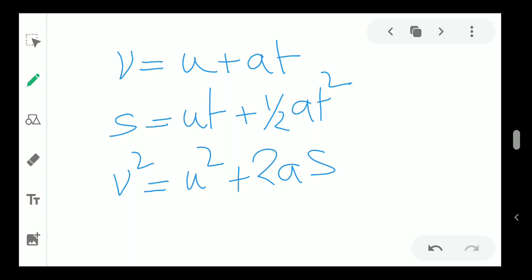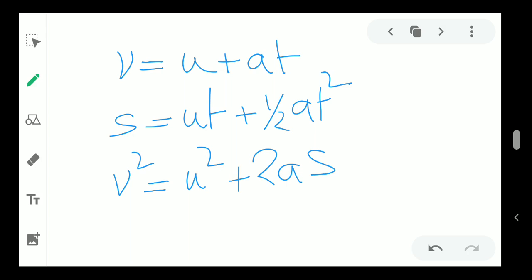That means with the help of these three equations, you can predict a motion. If you know the rate of change of displacement with respect to time, and the rate of change of velocity, then obviously you can predict the motion.